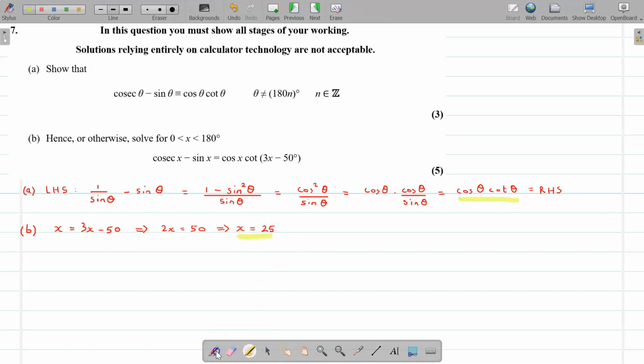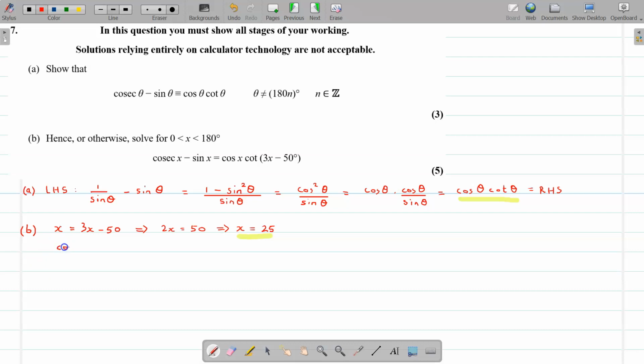Now, what really you should do is a bit more sophisticated than that, okay? And what I'm going to do is write it out a bit more fully so that we can see where the other solutions come from. And you might have chosen just to go straight to this.